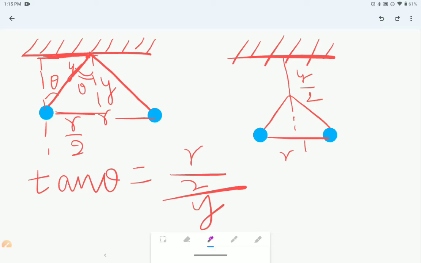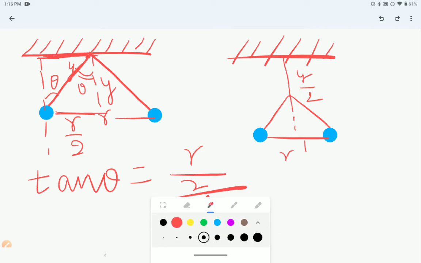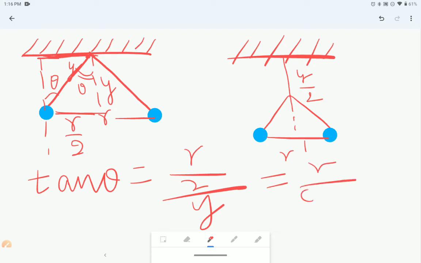Also by the FBD, I'll show you. Keep r by 2y aside. Let's go down.